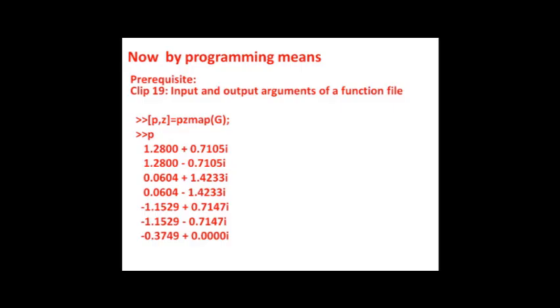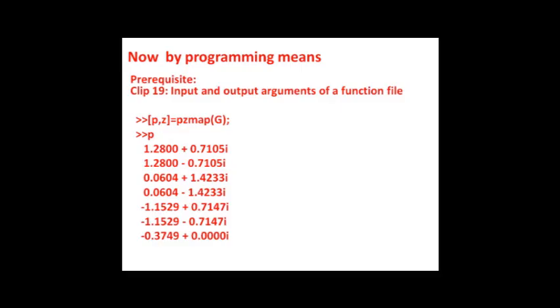Now we would like to address how one can determine the stability by using programming means. But for that, viewer needs the background of clip 19, where we addressed output and input arguments of a function file, because here we have to provide some output arguments.